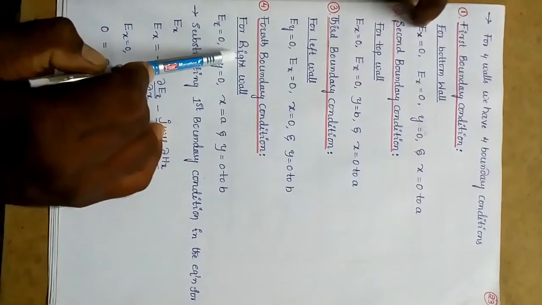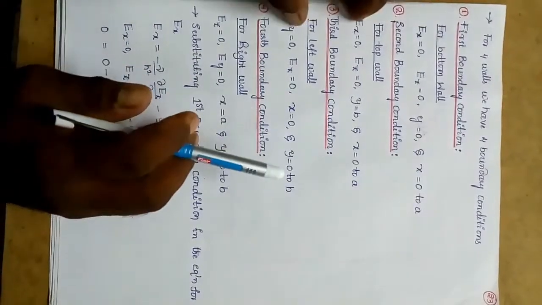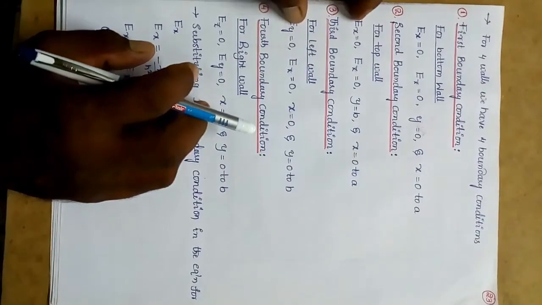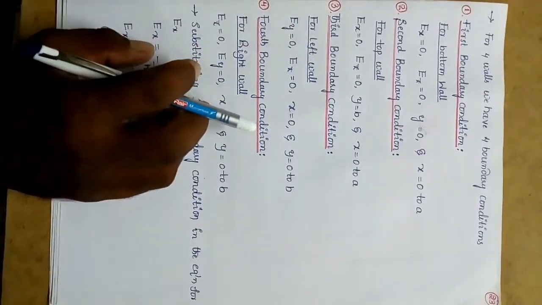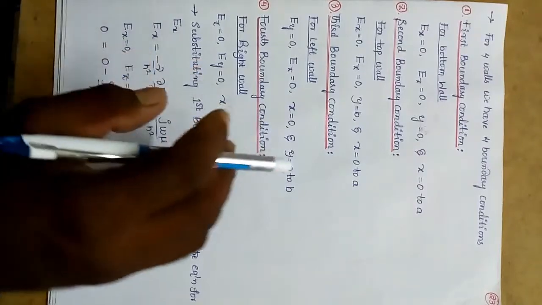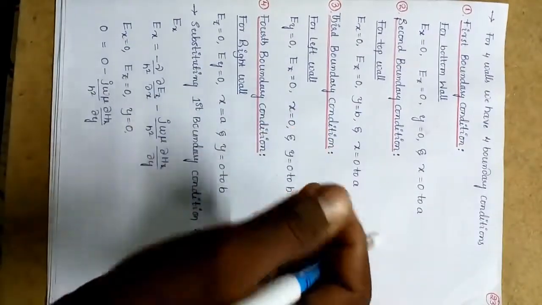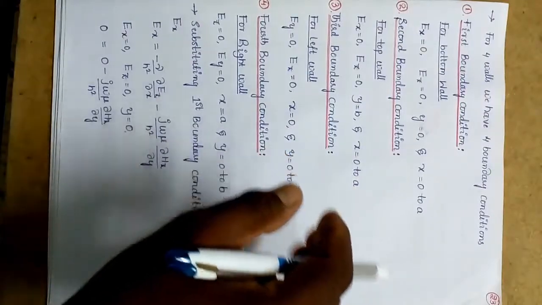So how to get these, I have explained clearly. If you don't understand, you pause the video and come back, and see again how to take the boundary conditions. You can easily understand. Otherwise you can directly call me, I will clear that.